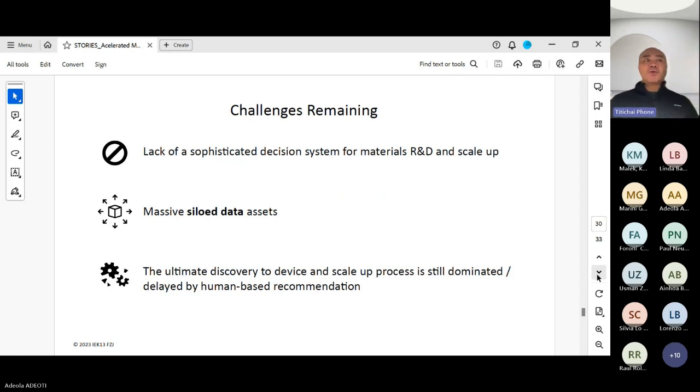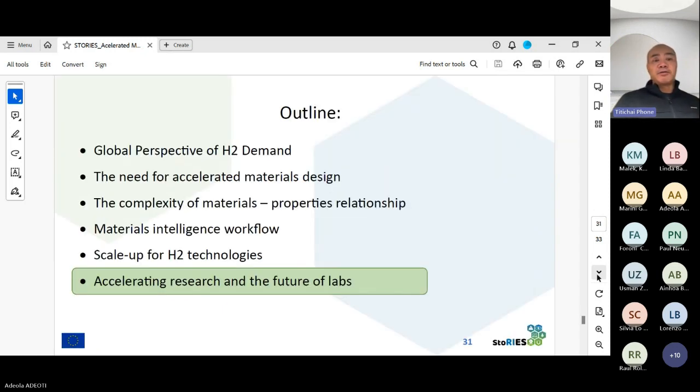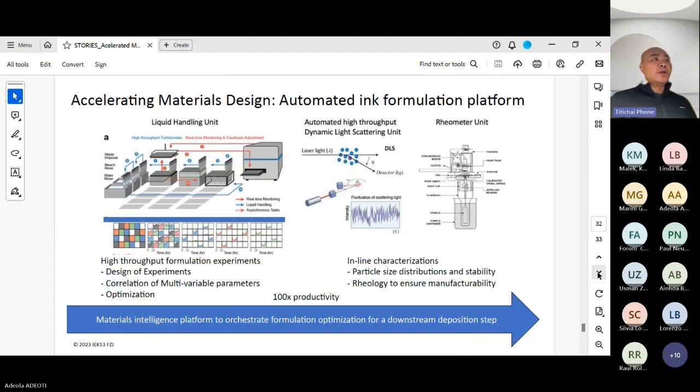Well, all hope is not lost. So I'd like to point out, in the next slide, some of the accelerating research and future labs activities available. One of the exciting things that we're looking at is to automate and optimize the process of ink formulation leading to the catalyst layer design and catalyst coated membranes.